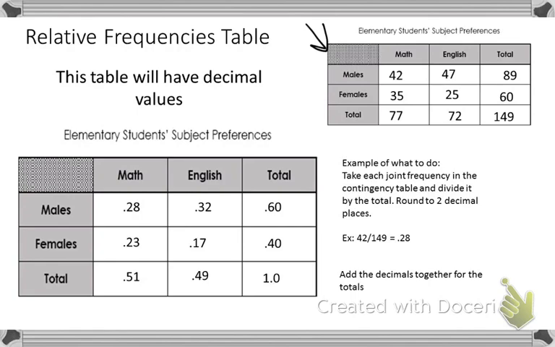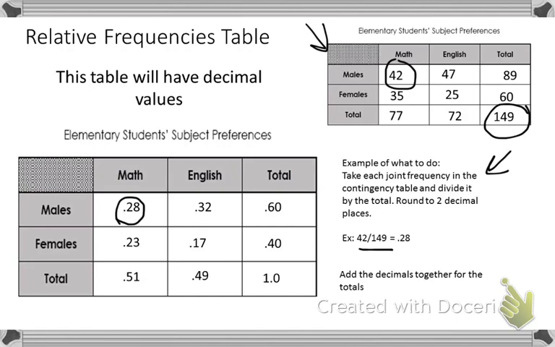In order to create a relative frequencies table, you're going to take each joint frequency in the contingency table right here and divide it by the total and round to 2 decimal places. So first, we're going to take our math and divide it by our total. It gives me 0.28.